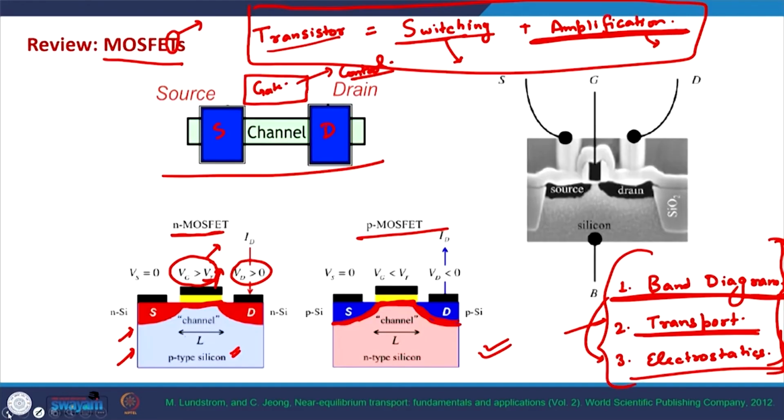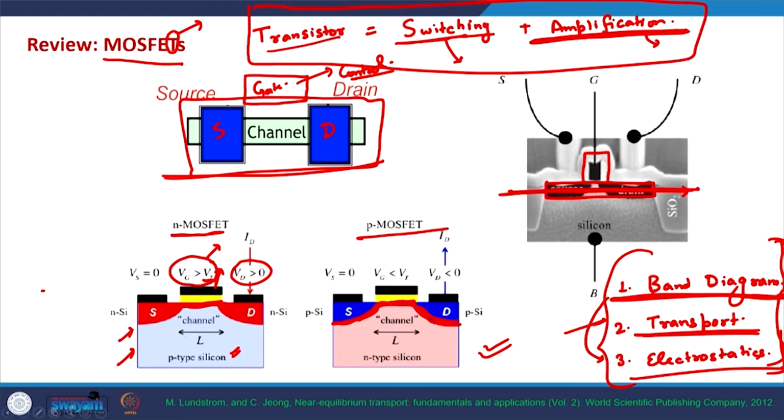So in this, as you can see, the most important part of the device is this essentially, which is essentially this 2-terminal device, and this third terminal also plays quite a crucial role, but the current flows in this direction in an NMOS, let us say. So we first will see how the band diagrams look like in this direction.